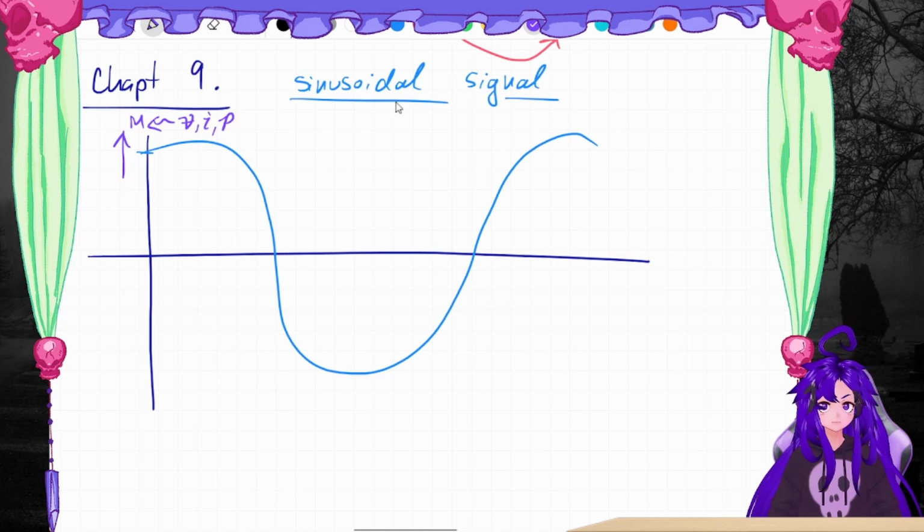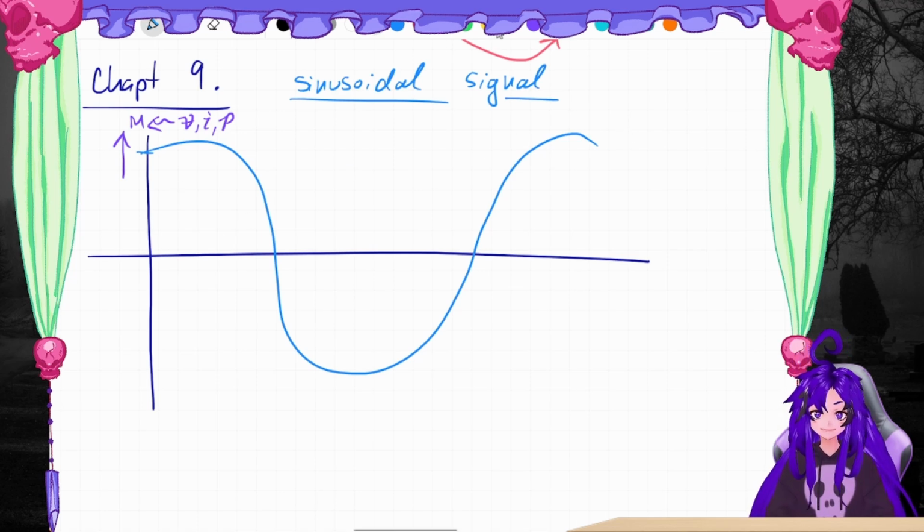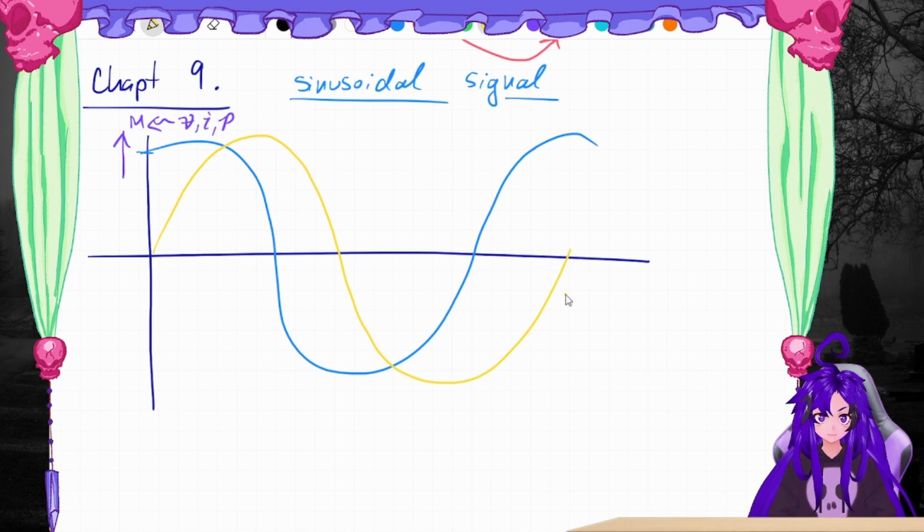So we've got these. These are sine waves. Actually, this specifically is a sine wave. It starts at 0. It makes a full cycle at 2 pi.